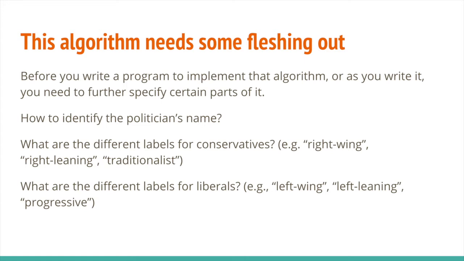For a method, every step needs to be feasible, and we think that's true with this method. So now we flesh it out as an algorithm, but we have to specify certain details before it really is an algorithm, before we can write a program. And we may figure these things out as we write the program.